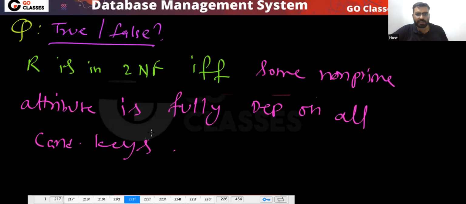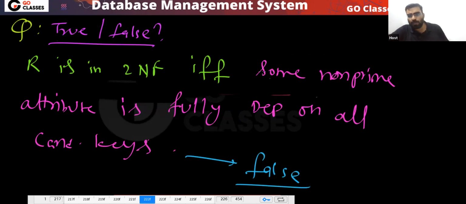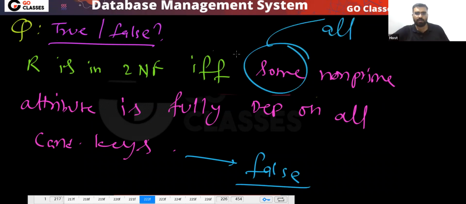This statement is false. What is the reason? The reason is this must be all. A relation is in 2NF if all non-prime attributes are fully dependent on all keys.